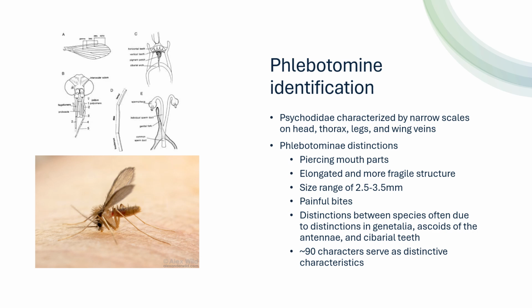There are over 90 distinct adult characteristics they can use to help identify adult species of sandflies, such as their wing veins, their antennal structures, as well as their genital structures. While physiological and morphological traits have been the primary means of classification, the main way it is done now is through genomic methods, such as DNA sequencing and genetic barcoding, which are far more accurate for classifying these sandflies.